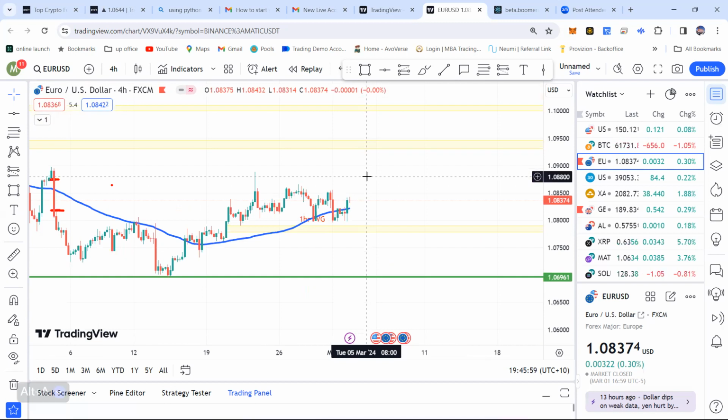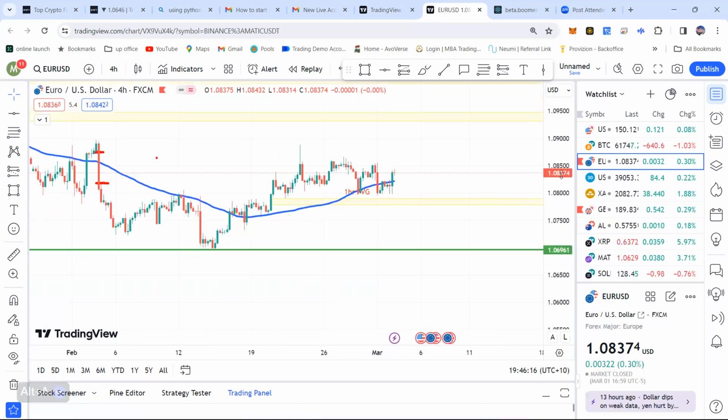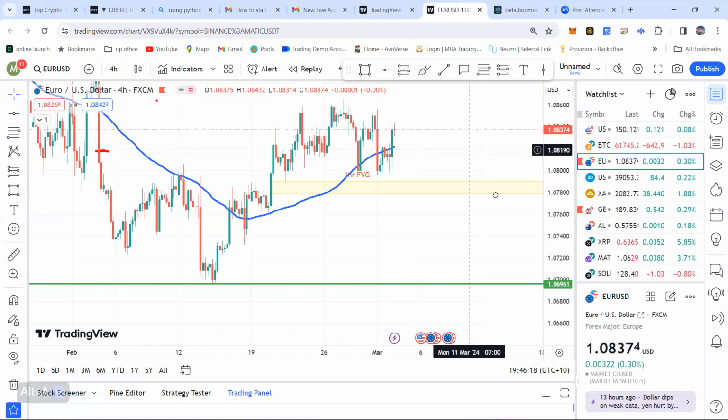I generally can get it down to a 5 to 10 pip stop loss, and aiming for a 20 pip take profit, which is 4 or 5 to 1 risk to reward, which I think's quite good. But much larger risk to rewards can also be found.